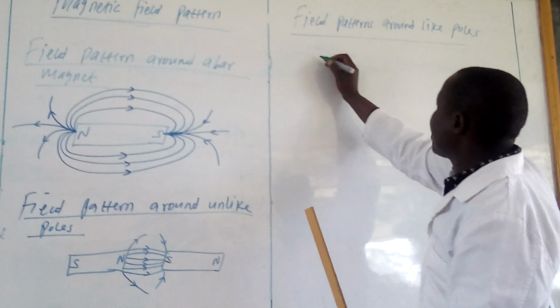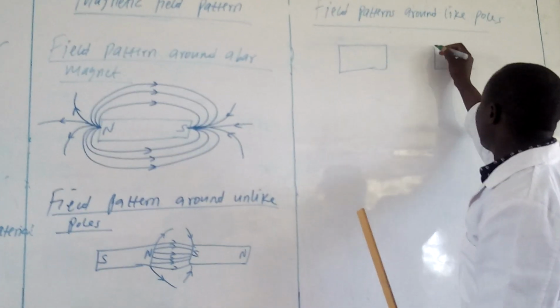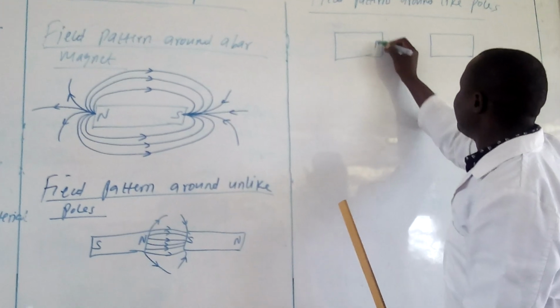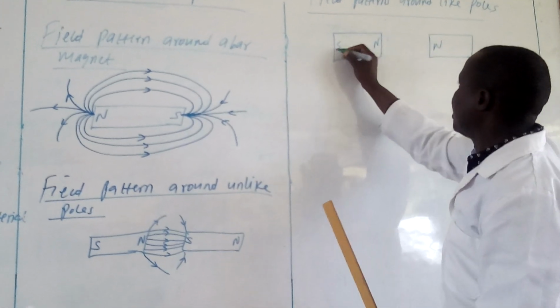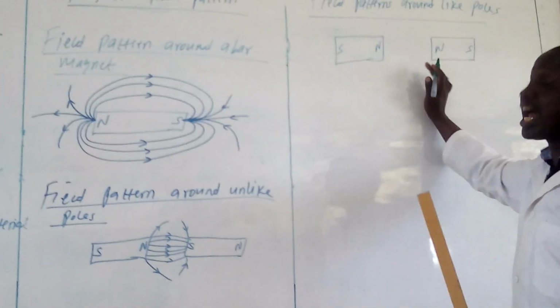So if we have a bar magnet and we have the other bar magnet here, let's say this one is north, this one is north, this one will be south and the other one will be south. Which means the two poles are like poles.